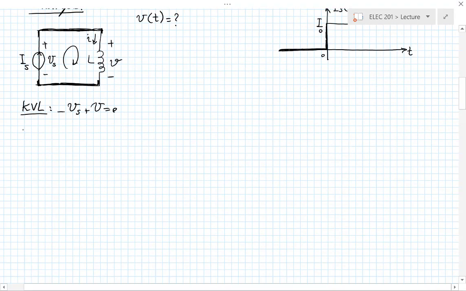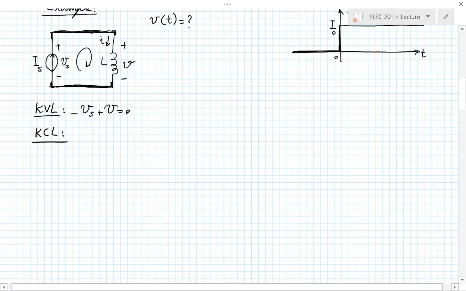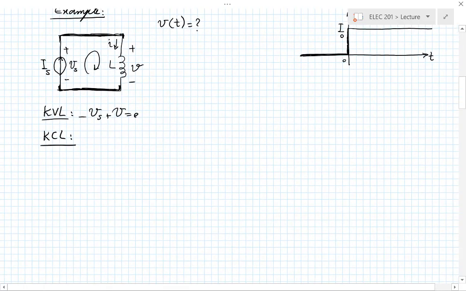And my KCL will be at the top node, let's say. Oh, interesting. I have to be careful today because it looks like the corner of the screen here is cut, or the edge. So let me know if you can't see what I'm doing here, okay, if it goes too much to the side. So the KCL at the top node is simply IS going in, I leaving.